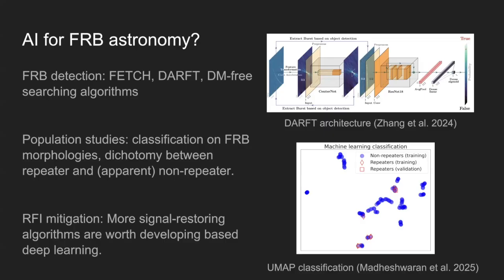You can find such a dichotomy, but is there any physics you can learn? Nobody knows, right? In my opinion, you can pay more attention to applications using machine learning or AI that can be really developed by most of our FRB astronomers, but that's the future.